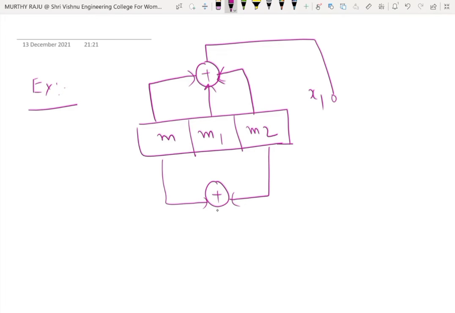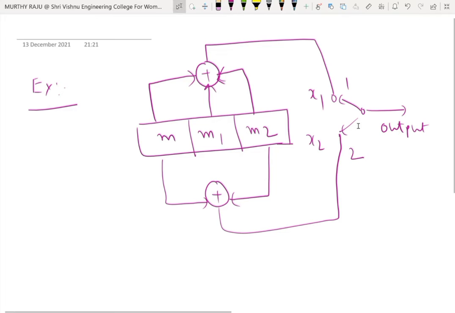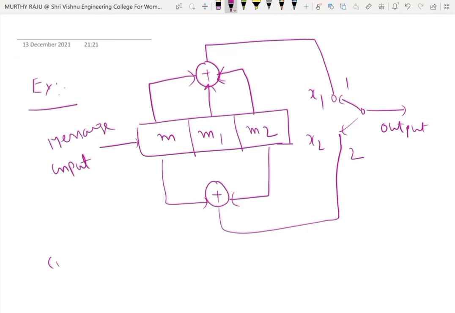From m2 also a connection goes to it. This one is X2. This is the output, first one and second. Message input.